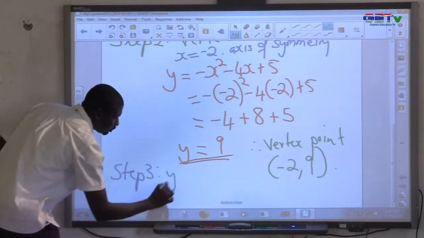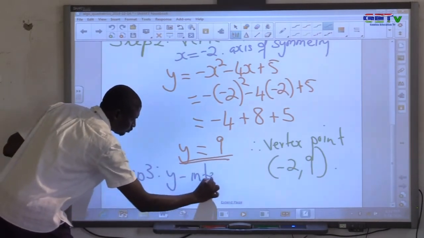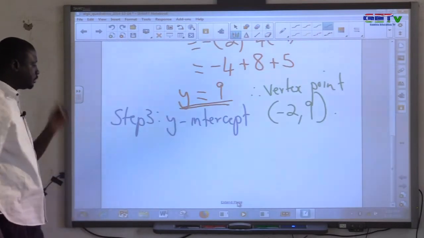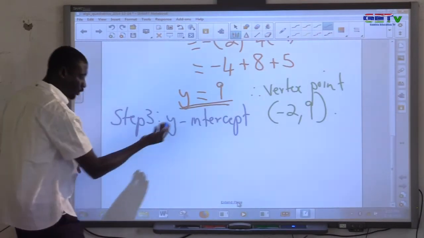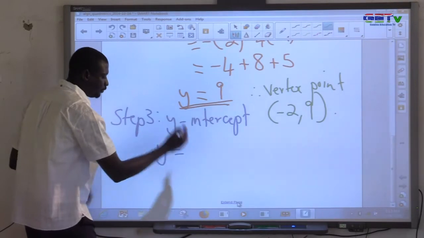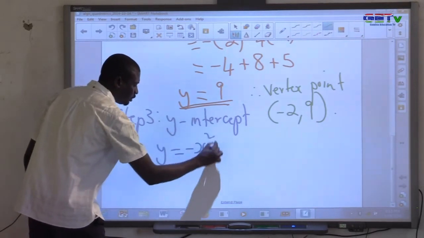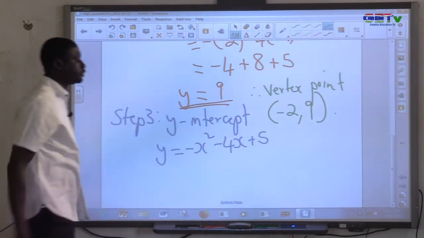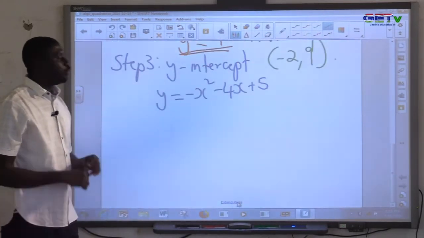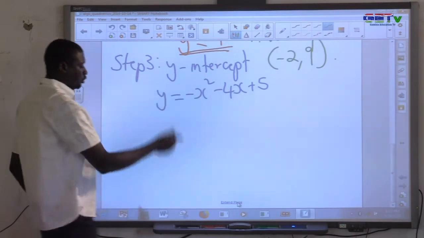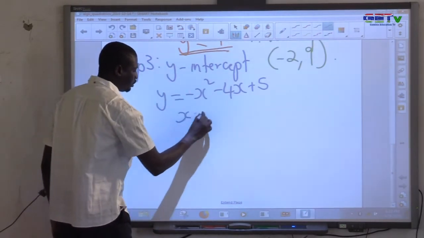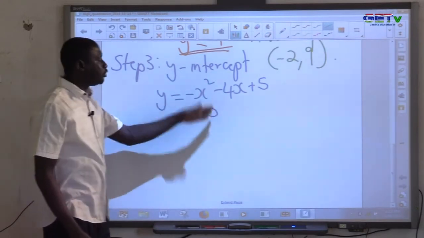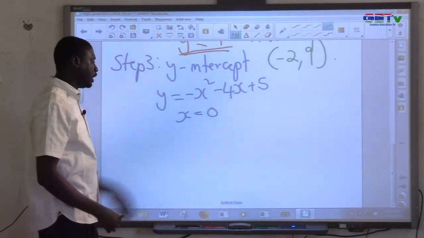The y-intercept. The function given is y is equal to -x squared minus 4x, recall, plus 5. The y-intercept is where x is 0. When the value of x is 0, at that point, we'll get the y-intercept, where the equation cuts the y-axis.